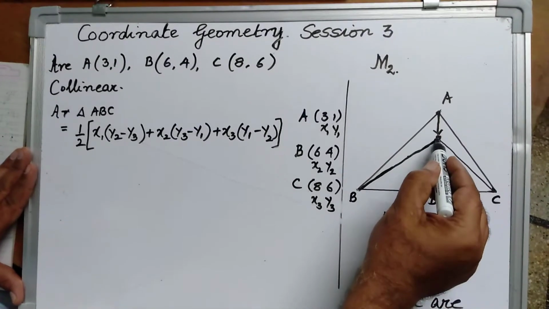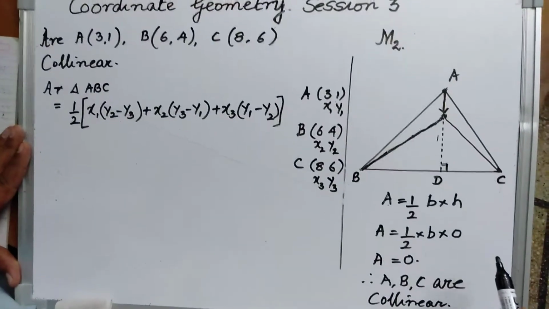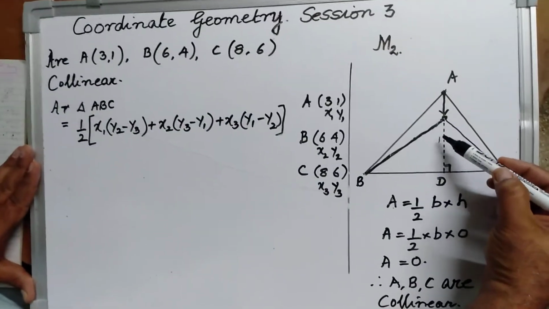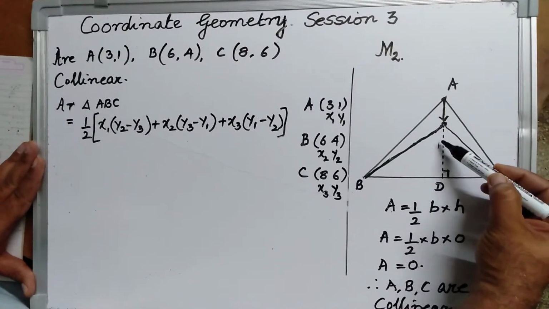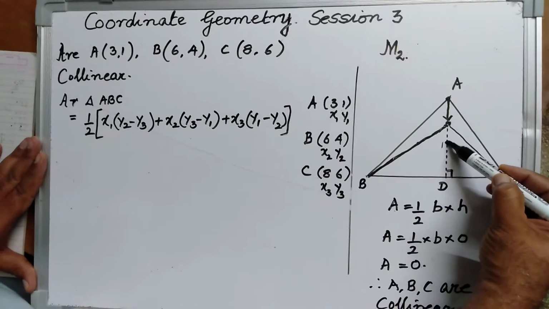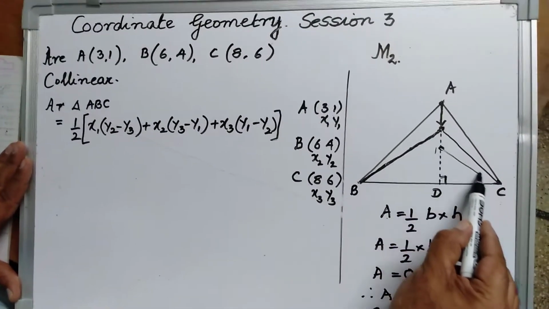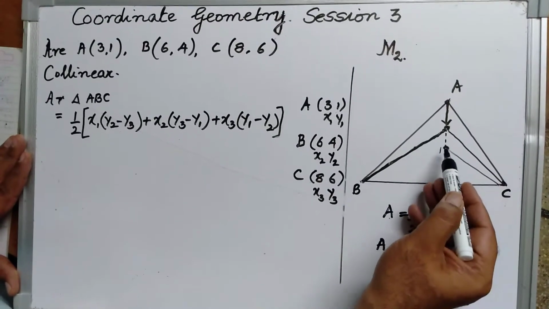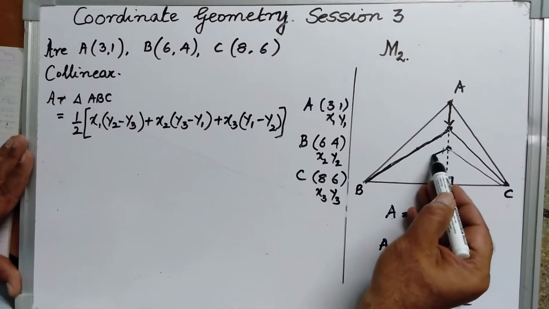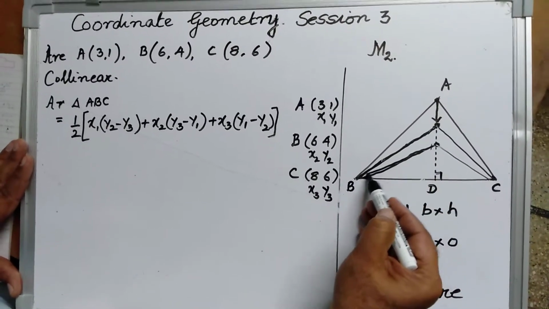And this becomes a little lesser because the height reduces. If you still further push this point A along the perpendicular towards the base, the height still reduces, and the area of the triangle reduces because the height reduces and the base remains the same.